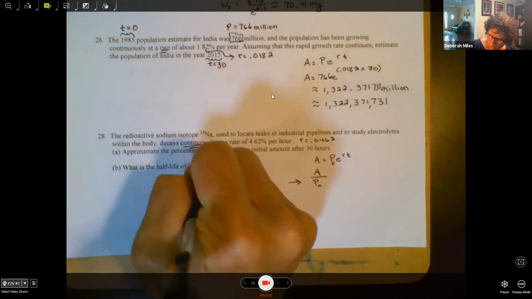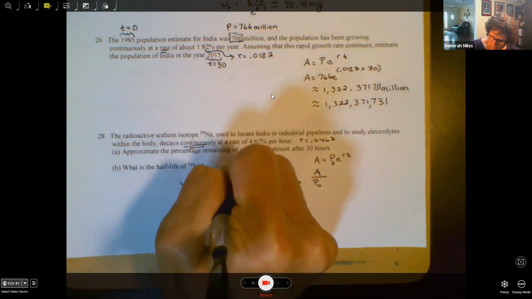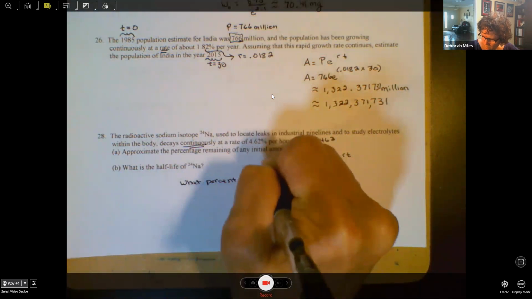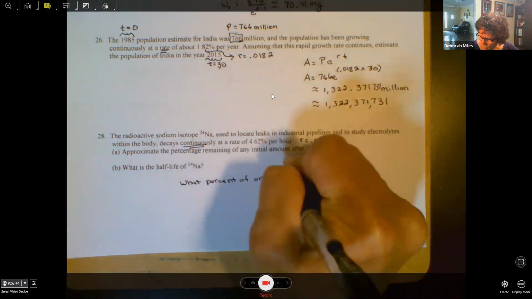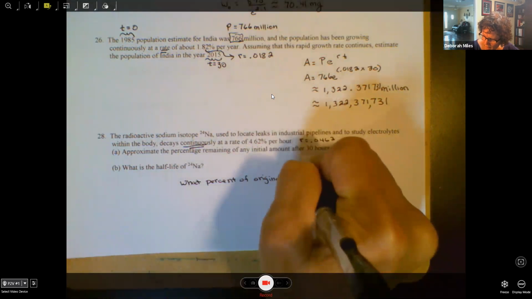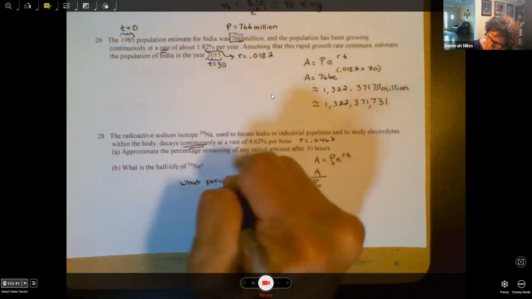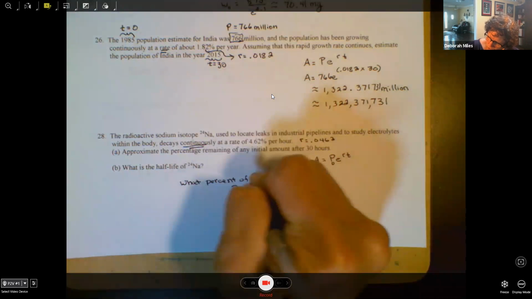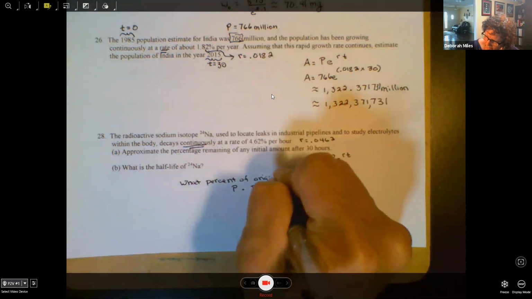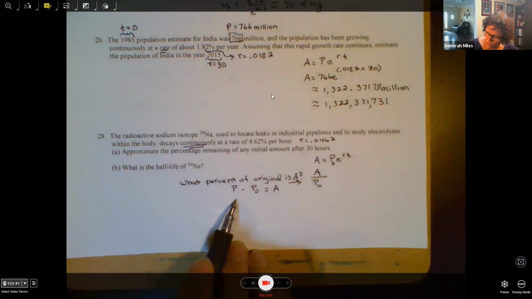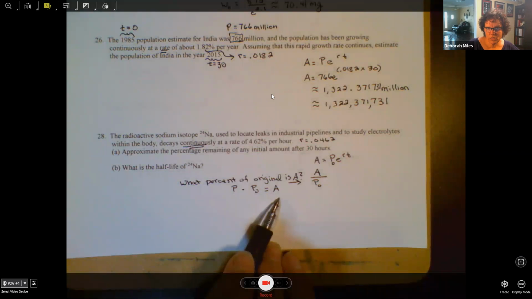What percent of original is A? If that was the question, you could say P times the original is A. To get that percentage, you just divide both sides by P sub 0.